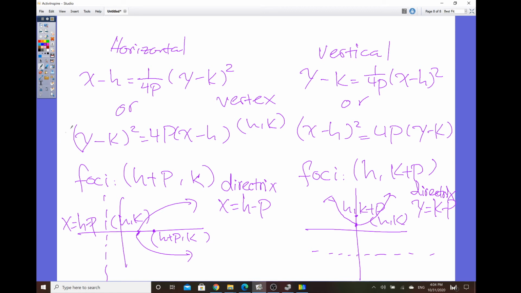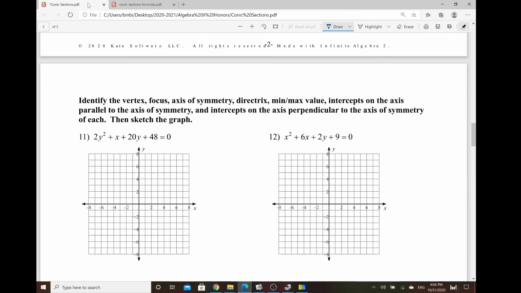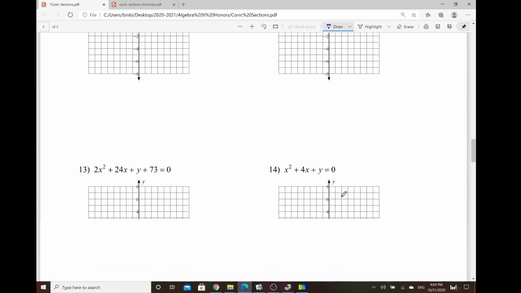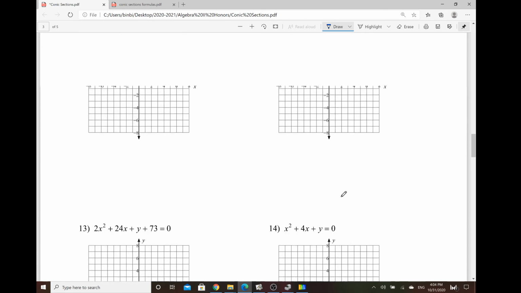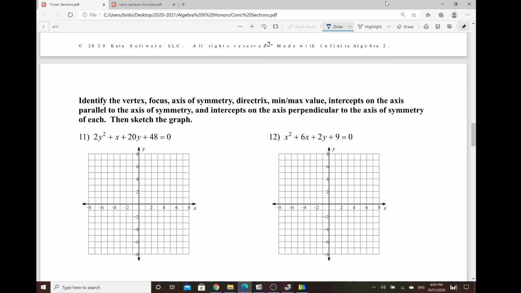Okay, so now let's see the example that we have for this one. Number 12, number 14. We'll take a look at that. Once again, copy and paste.